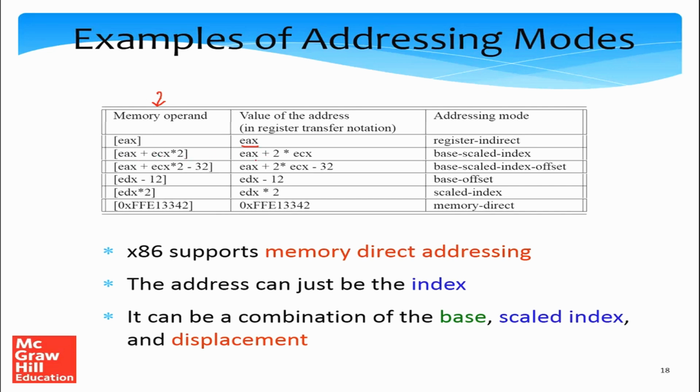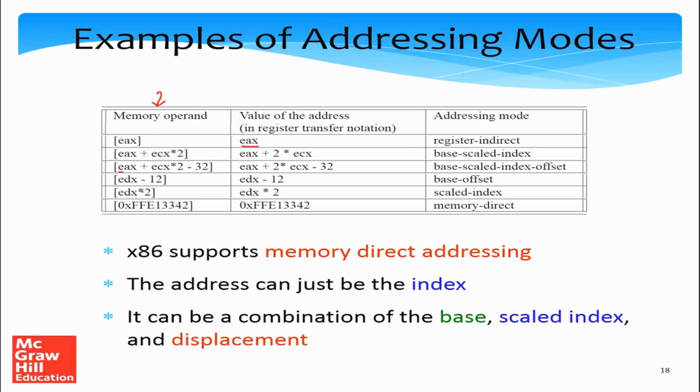So the value of the address is EAX plus 2 times ECX. This is base scaled index. Similarly, we have a base scaled index offset mode, where the address can be of the type EAX plus ECX into 2 plus a displacement, which in this case is minus 32.